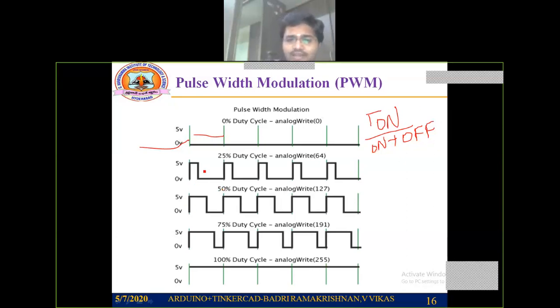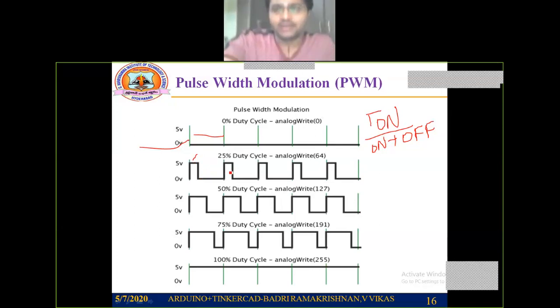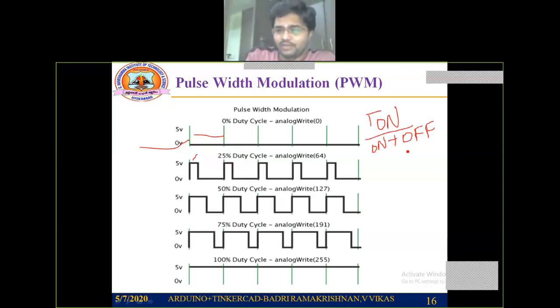If I consider, for example, 100 milliseconds, out of which for 25 milliseconds the waveform was on, and for the remaining 75% the waveform is off, in such a case I can consider 25 by 25 plus 75, that is 25% duty cycle. Similarly, in this one, 50% of the time you are on, 50% of the time you are off.